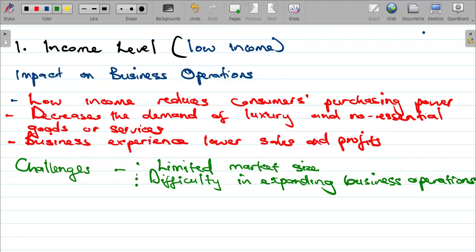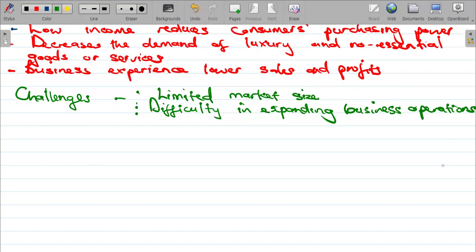So let's talk about the business decision. What will be the business decision on these social economic issues regarding the income levels of customers?